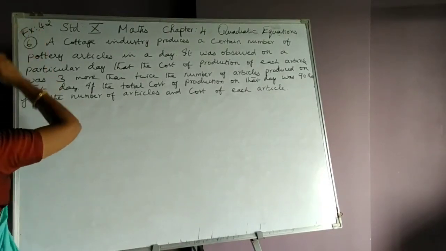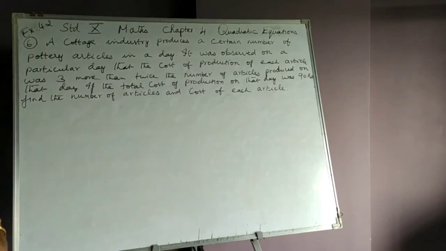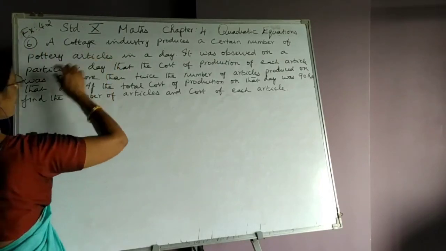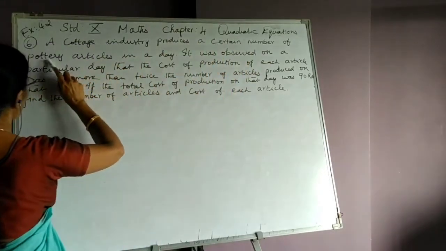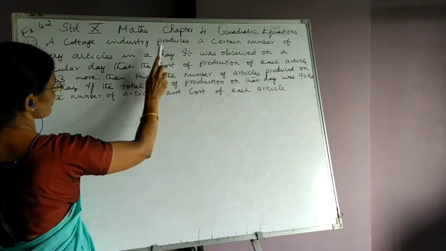Sixth problem of exercise 4.2. The problem is, a cottage industry produces a certain number of pottery articles in a day.